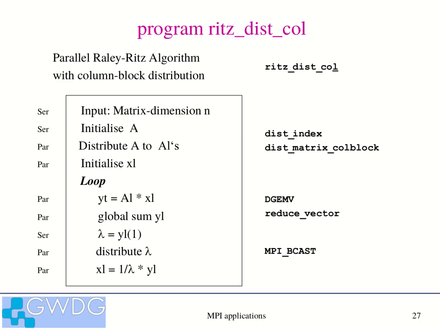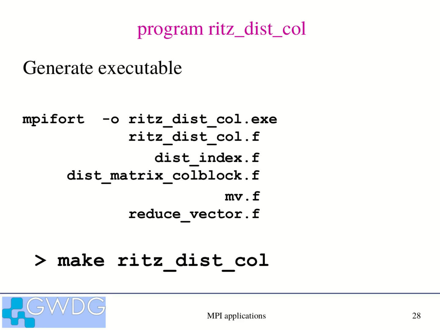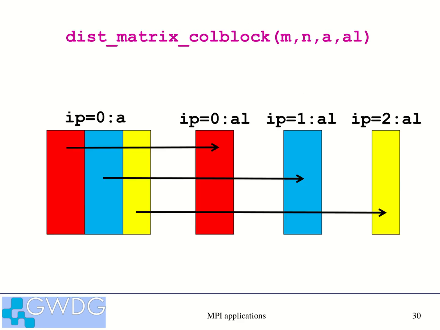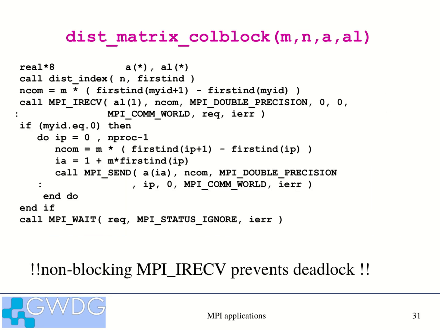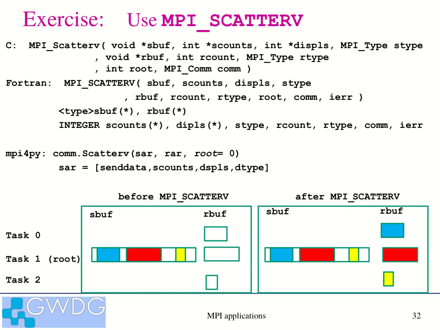But now let's discuss how we do the reduction of the result on the local parts of the execution. We have discussed the distribution of the global matrix. This will give rise to an exercise later on.